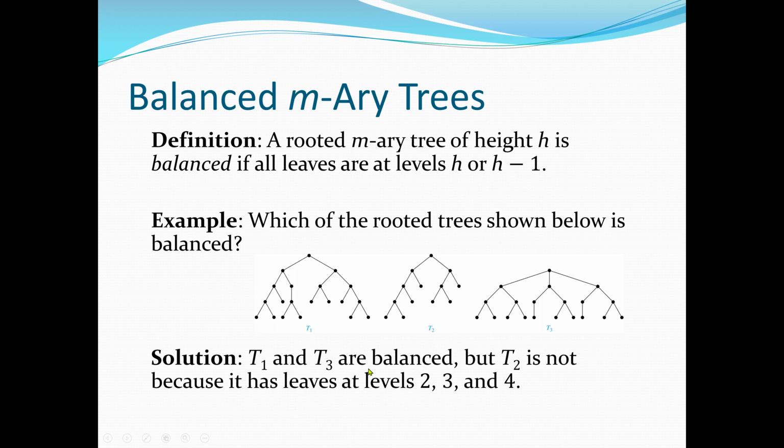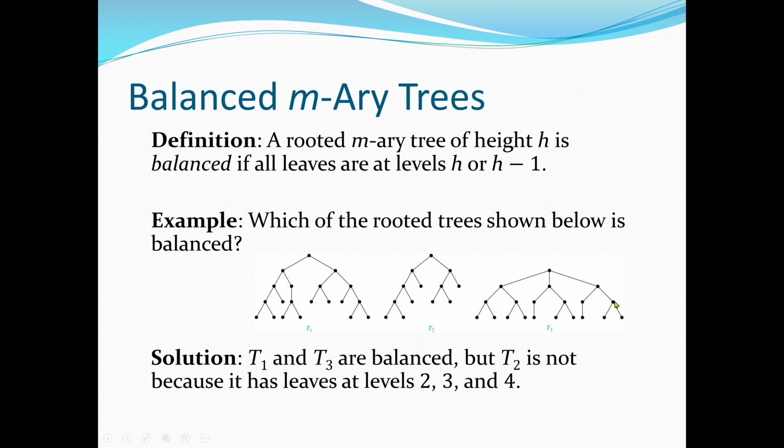But we can see T2 is not balanced because it has leaves at different levels. The definition said a rooted m-Ary tree of height h is balanced if all the leaves are in where? The height, and also 1 step up. So here we can see T3, all the leaves are at height h.